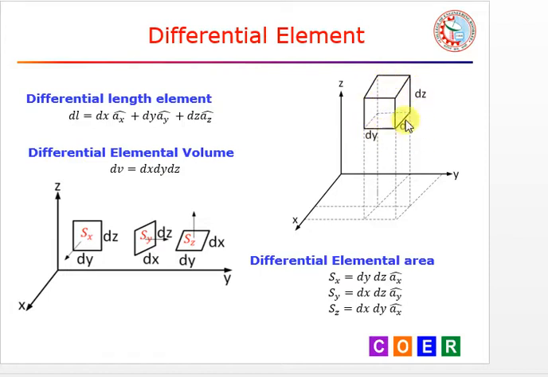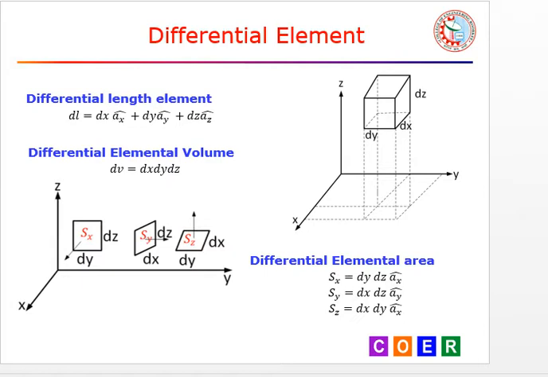Here you can see the differential cube developed after increasing the coordinates by differential amounts, like x to x plus dx, y to y plus dy, and z to z plus dz. The differential elemental volume of this cube is dv equal to dx dy dz.